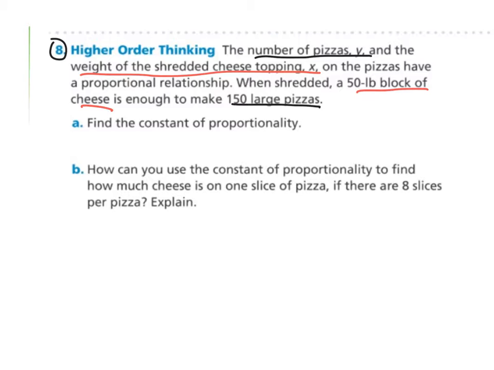So we want to find the constant of proportionality. Constant of proportionality, we need to do y divided by x. With what they've given us, y is our number of pizzas, which is 150, and the amount of cheese is 50 pounds.